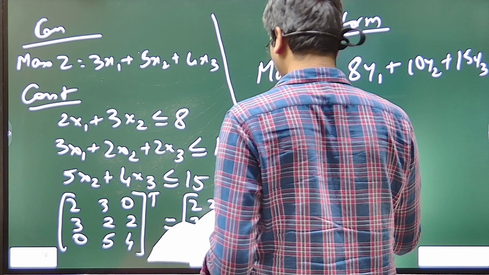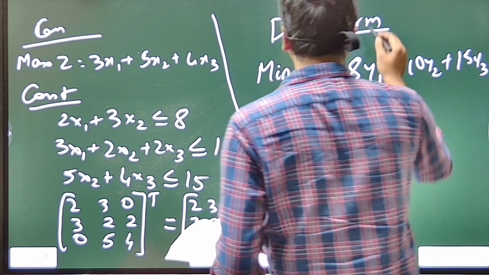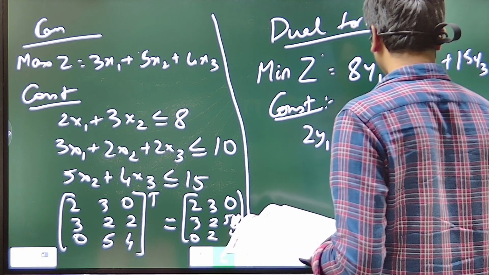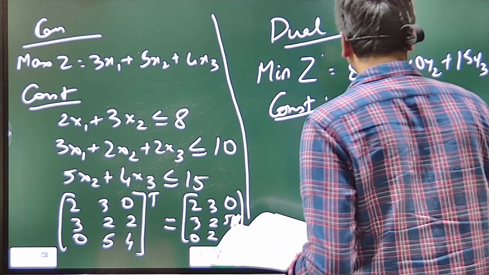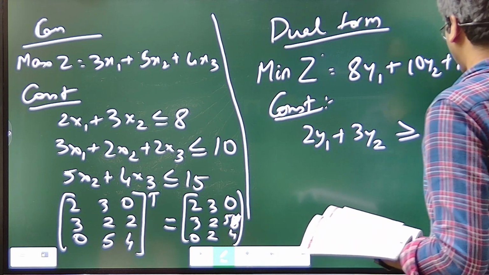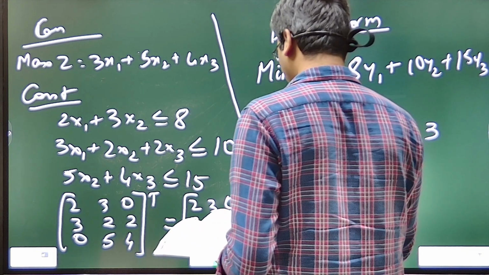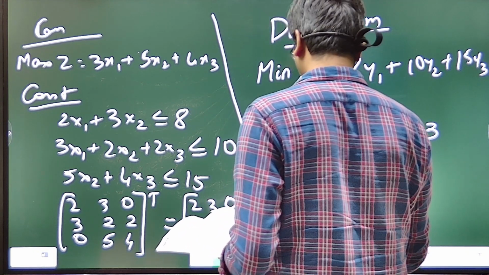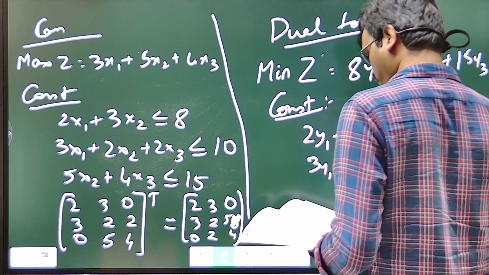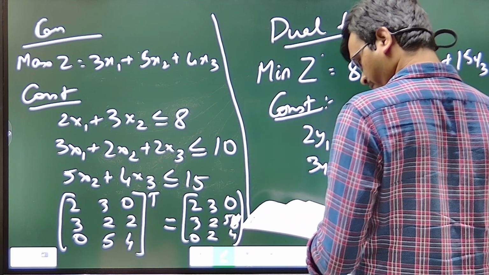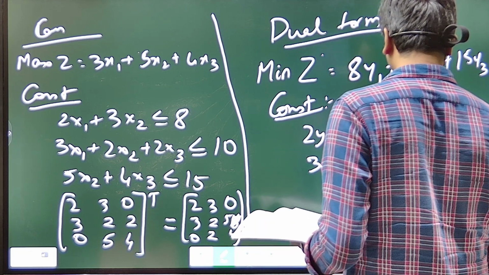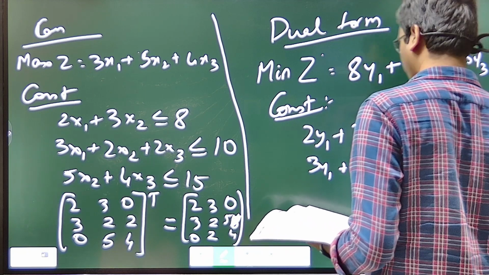2y1 plus 3y2, and for minimize it will be greater than or equal to. You remember the table, and your variables will become your constants: 3. Next it is 3y1 plus 2y2 plus 5y3 greater than or equal to 5.